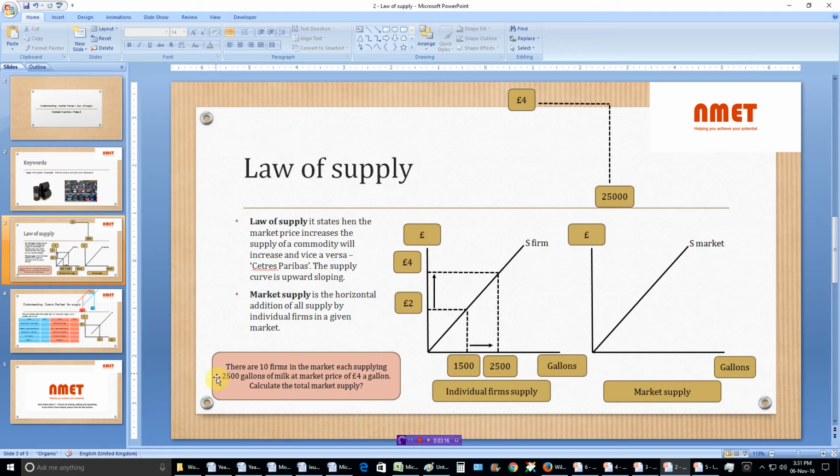So in this case, there are 10 firms in the market, each supplying 2500 gallons of milk at a market price of £4 a gallon. Calculate the total market supply.